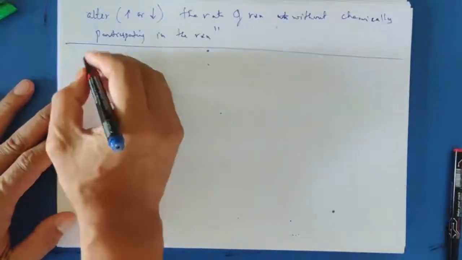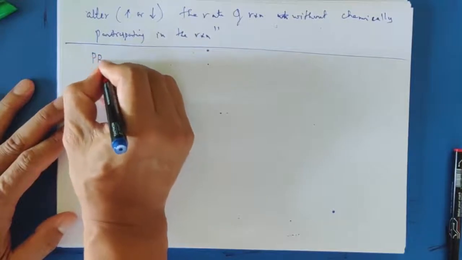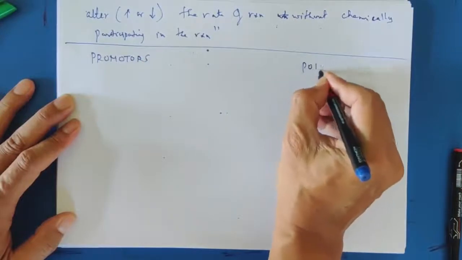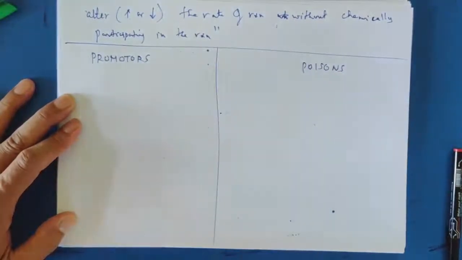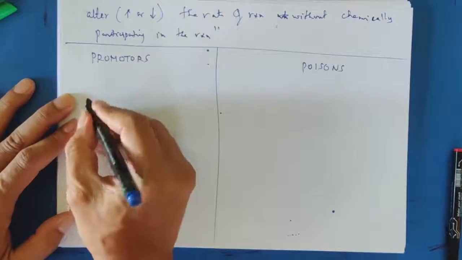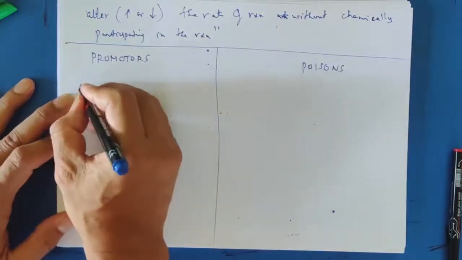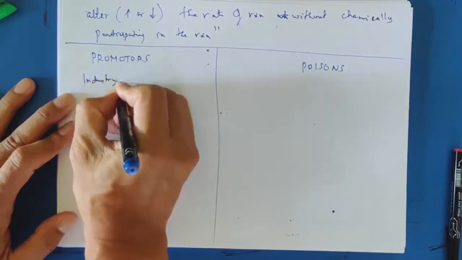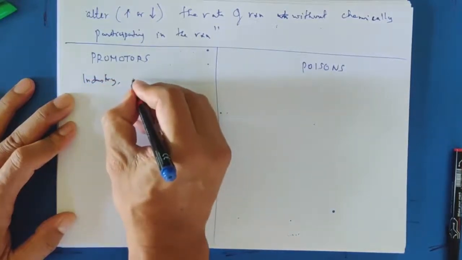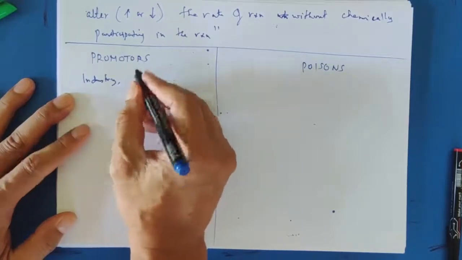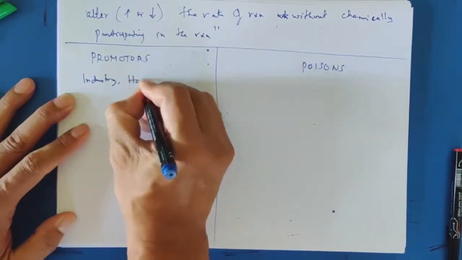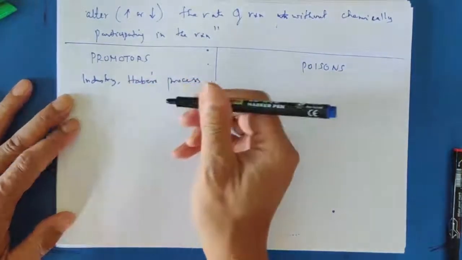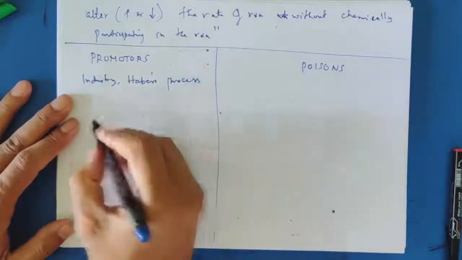Now catalysts again: what are promoters? What are poisons? What is a promoter? Example: in industry, production of ammonia is done by the Haber process.